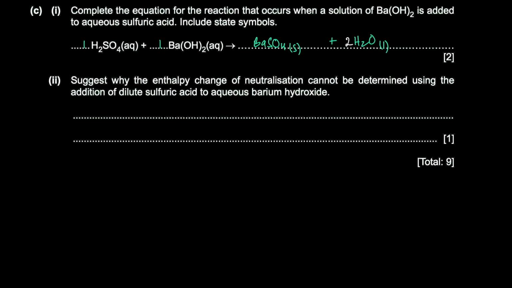In the case of sodium sulfate, we were making Na2SO4, but that was aqueous. So the sodium and sulfate ions remained in aqueous solution. They were spectator ions. In this particular case, because you have a precipitation reaction, the enthalpy change that you're going to measure will be for both the neutralization and the precipitation. So you can't just determine the neutralization.